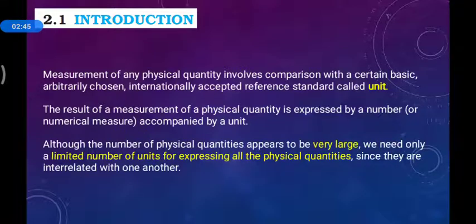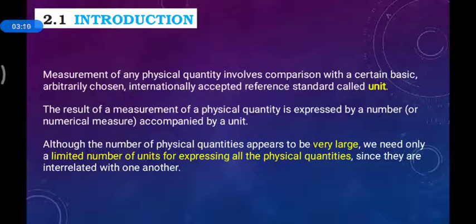Although the number of physical quantities appears to be very large, the number of physical quantities is too much in physics. If you have the NCERT textbook, you can go to the appendix, the last section of the book, and you will find tremendous numbers, 100 plus physical quantities. So we can't survive with that many units.